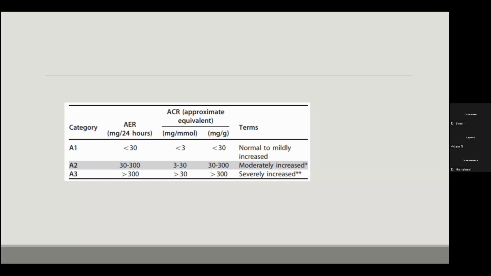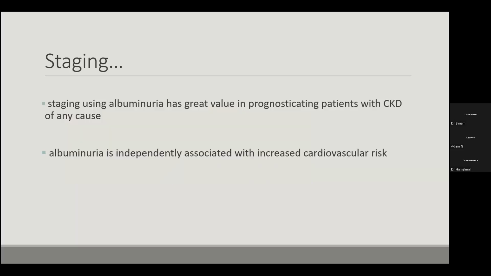Another drawback is these patients may not necessarily have chronic kidney disease. And the other is moderately increased, 30 to 300 over 24 hours or milligram per gram. So this is another number which we should aggressively treat.